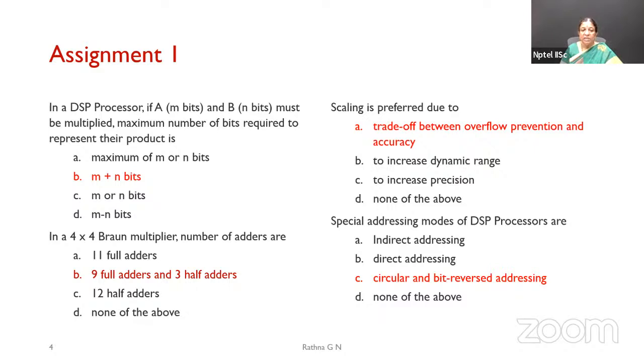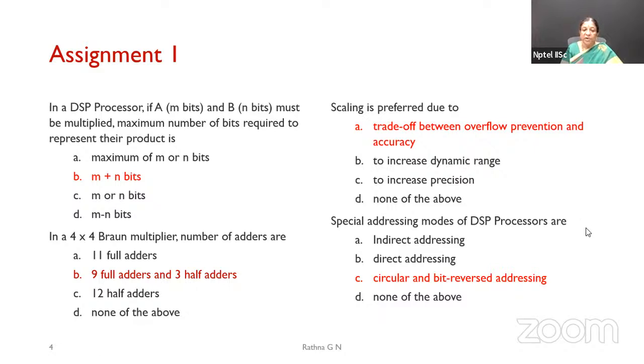The first one is: in a DSP processor, if A has M bits and B has N bits, the maximum number of bits required to represent their product is M plus N bits. If both are of the same size, then as we discussed in class, to represent the product we need 2N bits, if you remember.